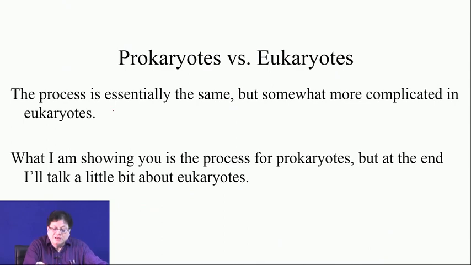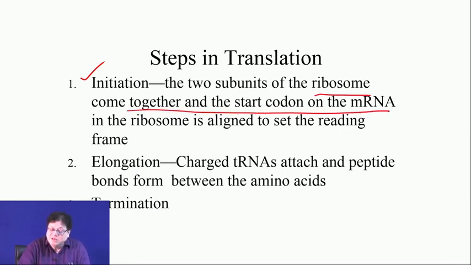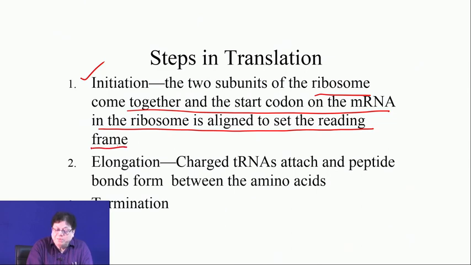Finally, as I said, eukaryotes are much more complicated, so we will talk about the prokaryotes, and that will be sufficient for our course. Steps in translation. First, there will be initiation. What is initiation? The two subunits of the ribosome come together, and the start codon on the mRNA is aligned in the ribosome to set the reading frame. What is the reading frame? The reading frame is that sequence of codons in the mRNA.